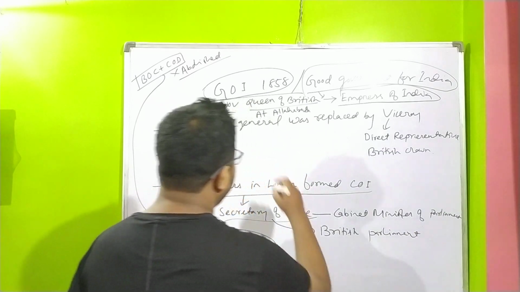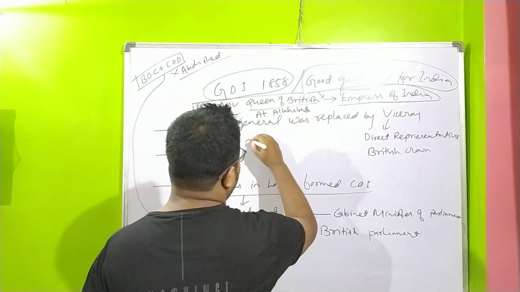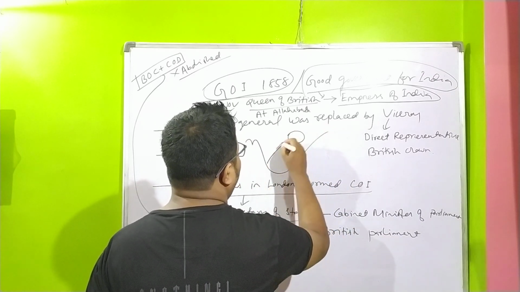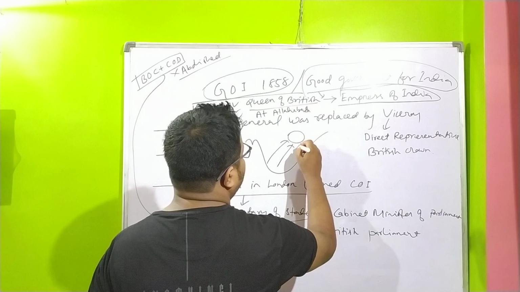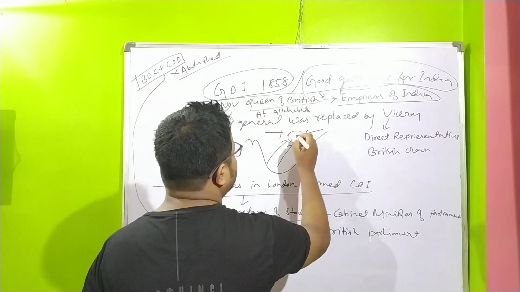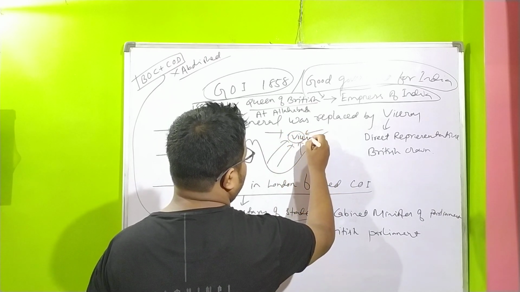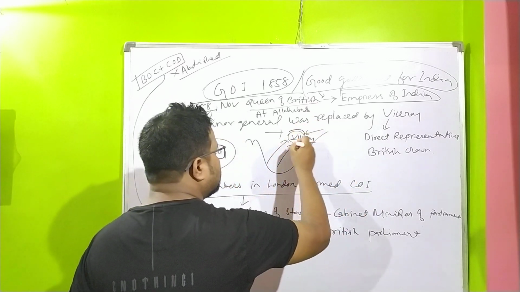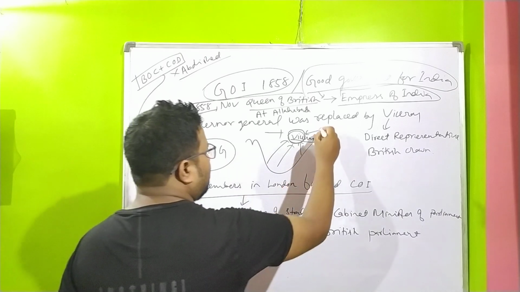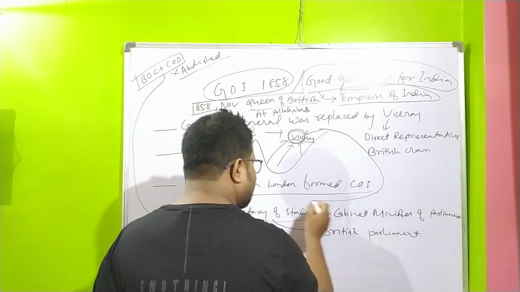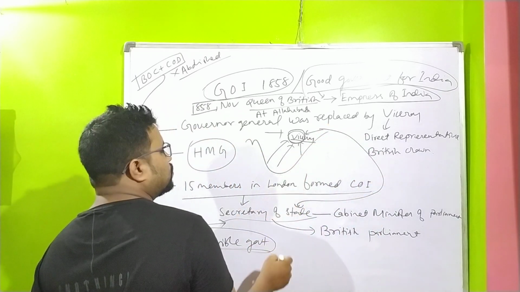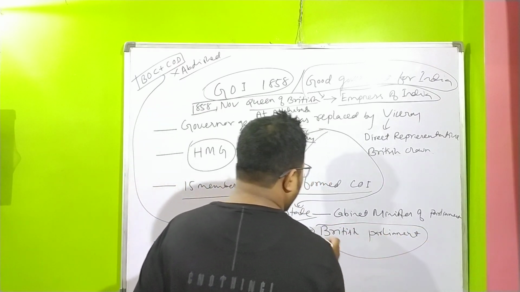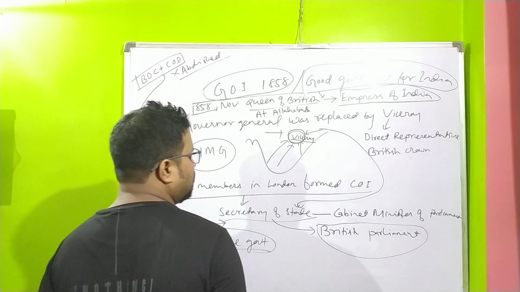And in India, all the offices will be answerable to the Viceroy. The Viceroy will be answerable to the Secretary of State. The Secretary of State will be answerable to the British Parliament.